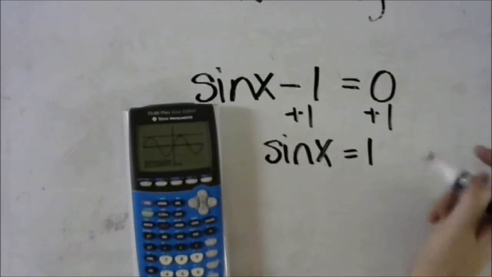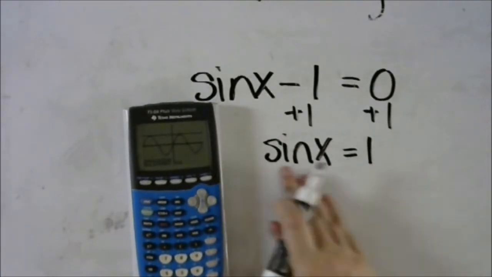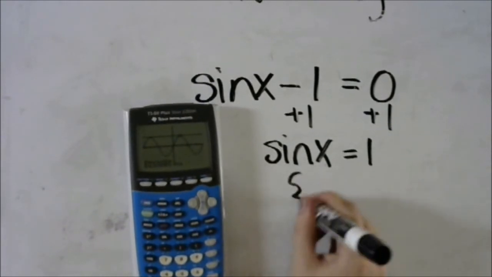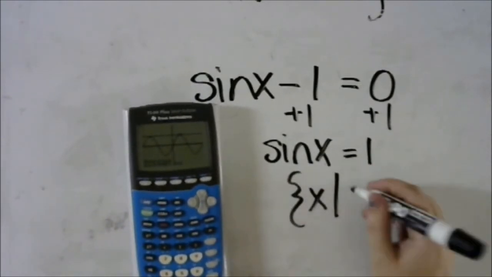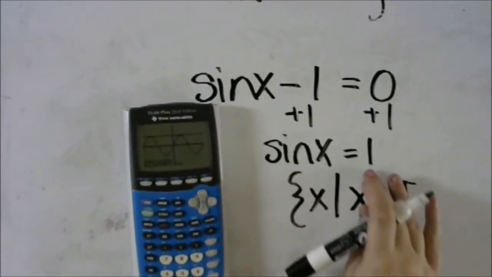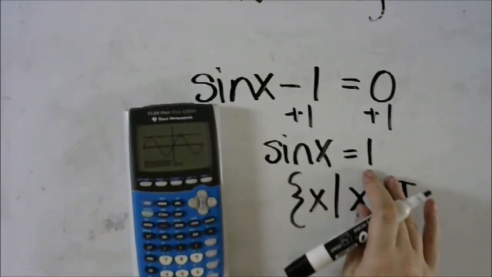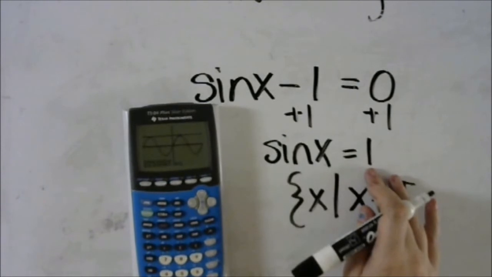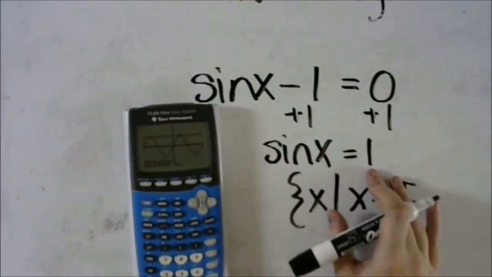So let's think about all the places on the unit circle where the sine of x is equal to 1. The first value that I think of is pi halves. At pi halves, sine is equal to 1. How long before sine is equal to 1 again? Will it equal 1 before a full rotation is over?